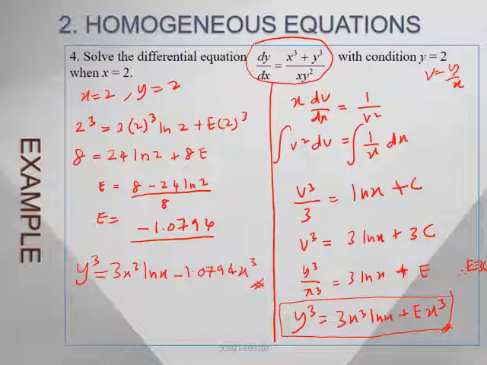So this example shows that when you are given a condition like y equals 2, x equals 2, you need to find the value of the constant, for instance here is e, or c, d. So in your final answer there will be no more unknown constant. It must be only variables and numbers. All right, so that's it.